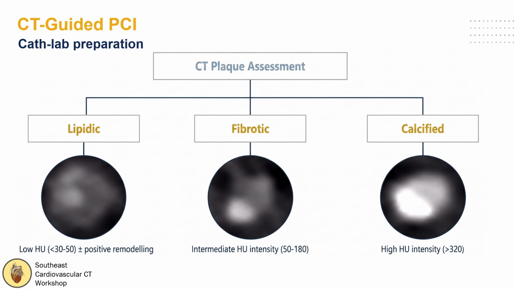Another major advantage of coronary CTA is plaque characterization. With CT, we can differentiate between lipid-rich plaque, fibrotic plaque, and calcified plaque based on attenuation characteristics. This is very relevant procedurally because plaque composition strongly influences lesion preparation and stent expansion.